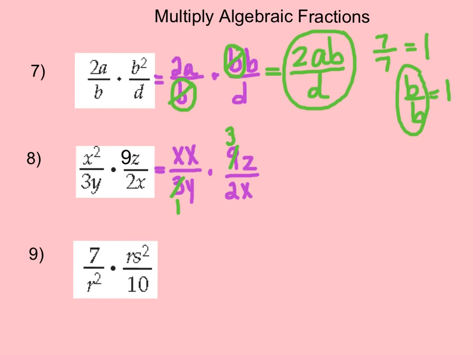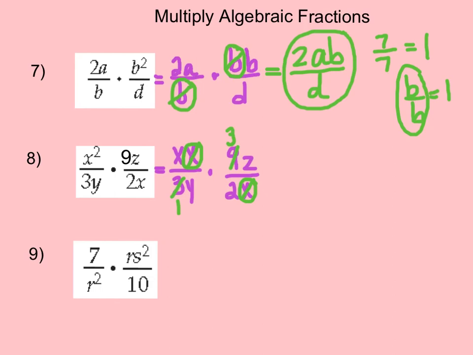Anything else that you see that we can reduce as far as the numbers go? I do not see anything else, so now let's move on to the variables. Looking at the variables here, anything in common? No, that's a y and that's a z. Those are different. This way, yep, I have an x and an x. So this x and this one, those are going to cancel each other out.